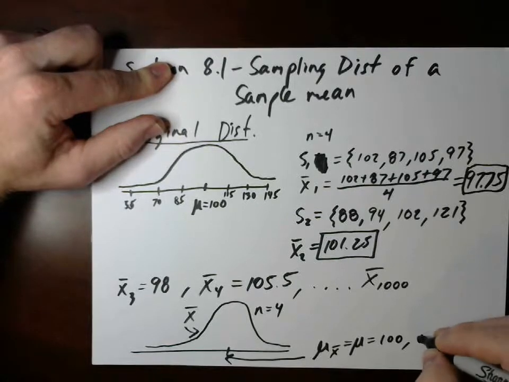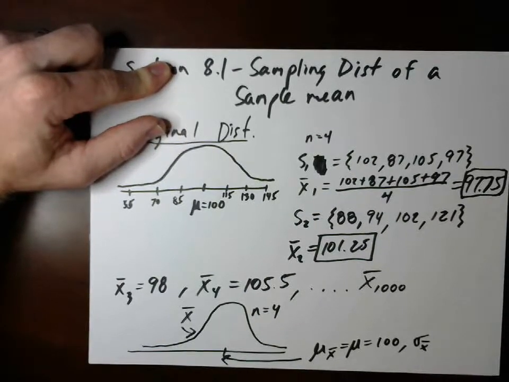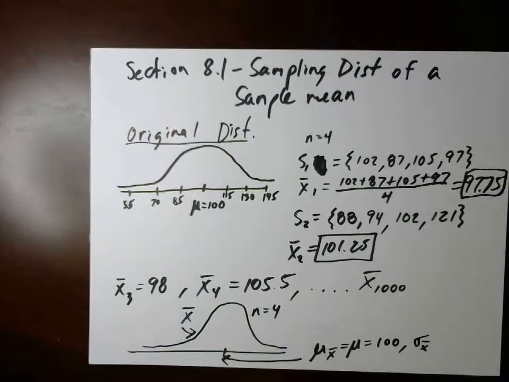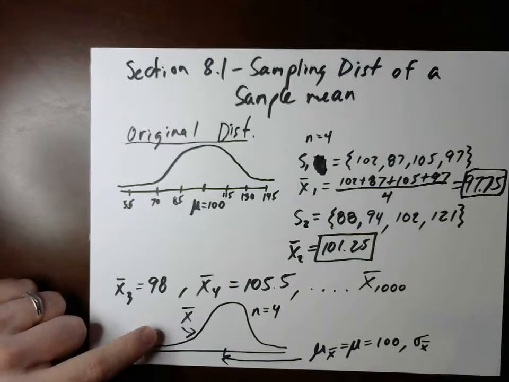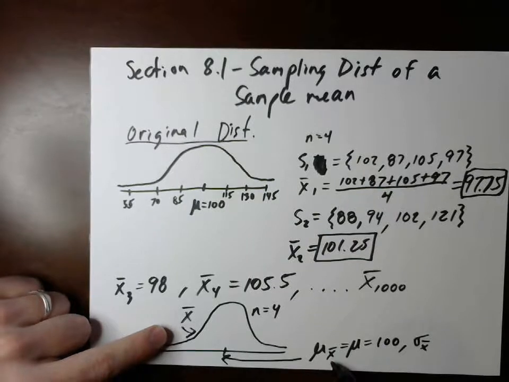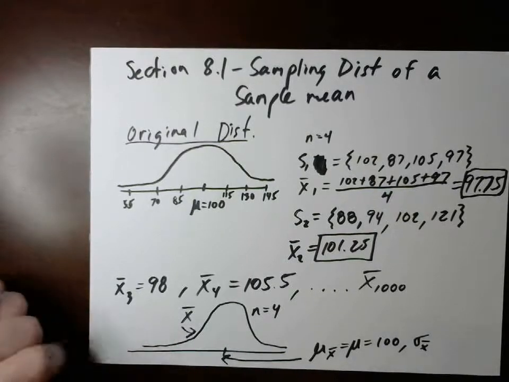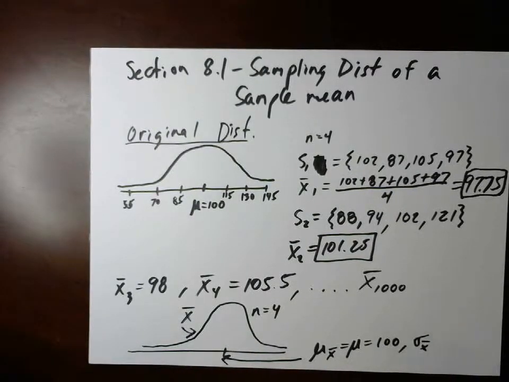And you may also remember that the standard deviation of the sampling distribution of x bar, the sampling distribution of a sample mean, we use the subscript of x bar to represent whatever parameter we're looking at, in this case mu of x bar, and sigma of x bar, the standard deviation of x bar.